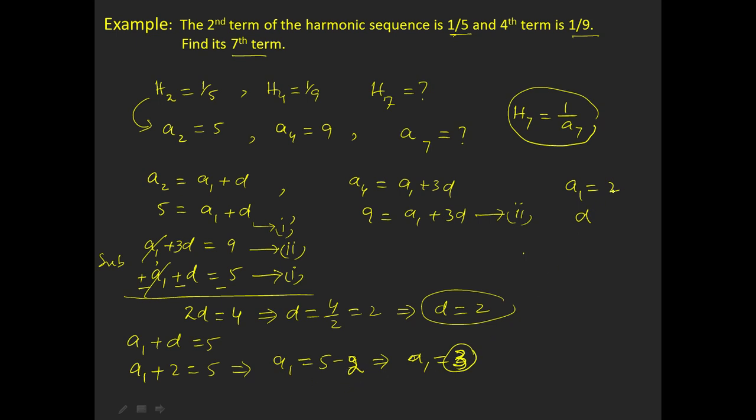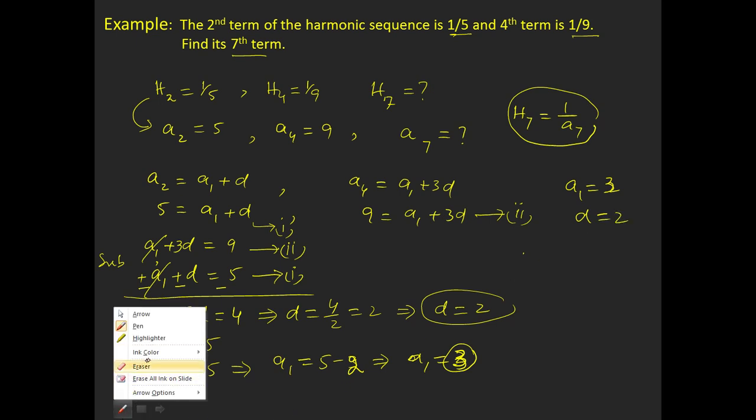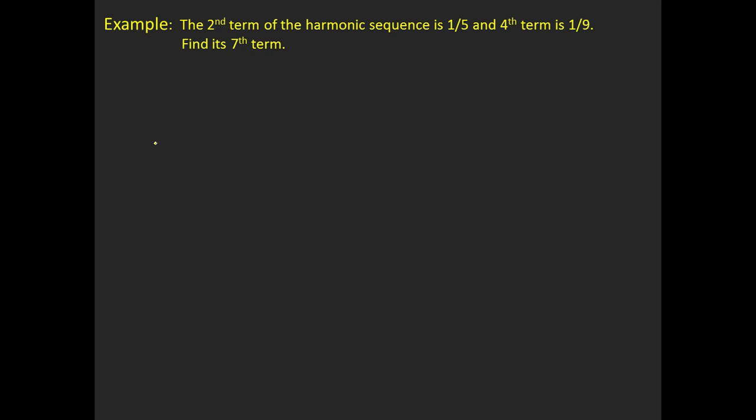So a1 is equal to 3 and d is equal to 2. Now we will further go. Now we will find the 7th term.